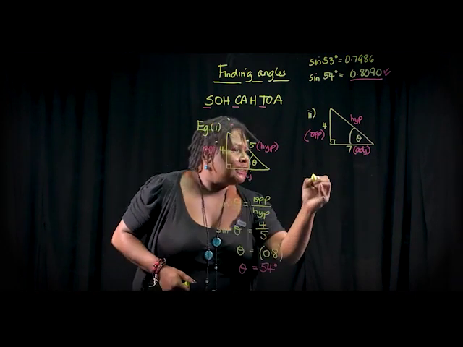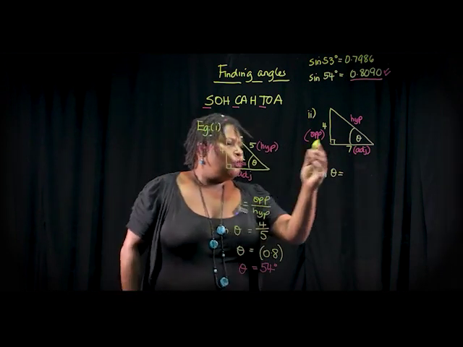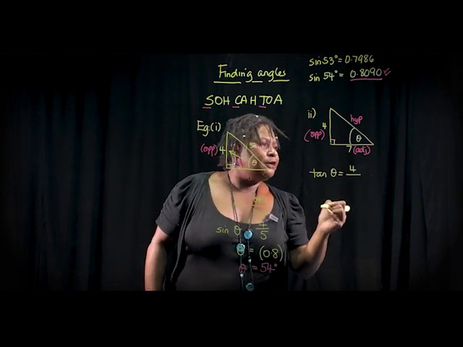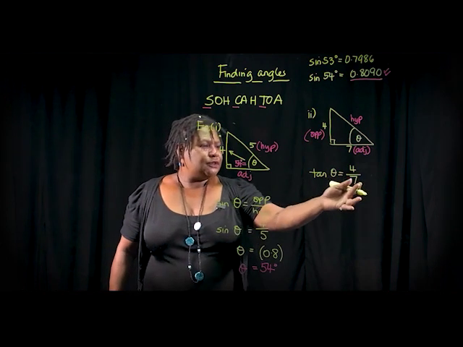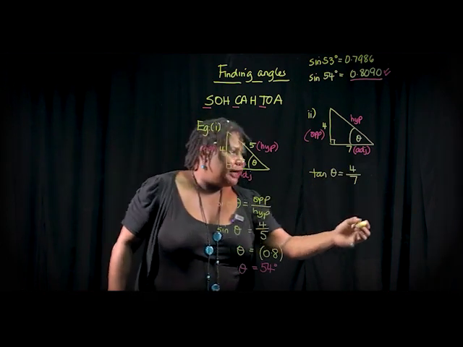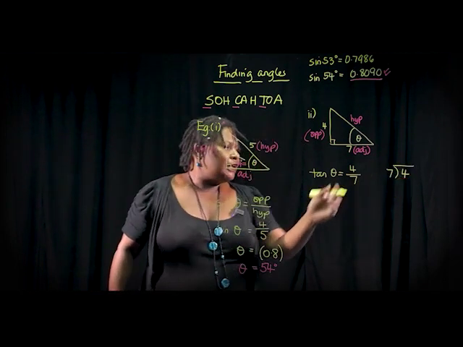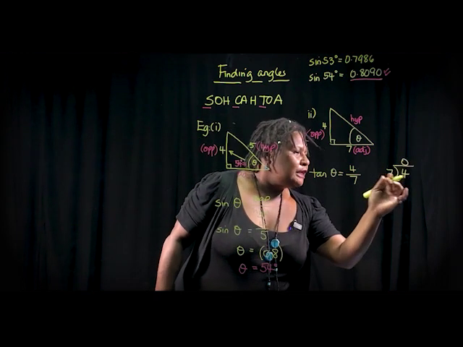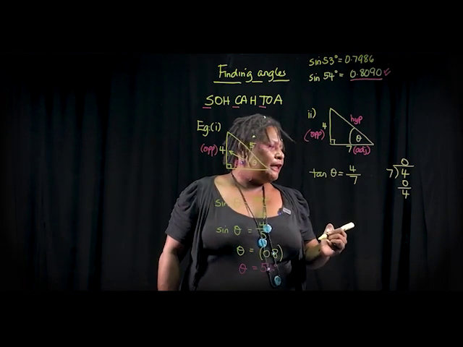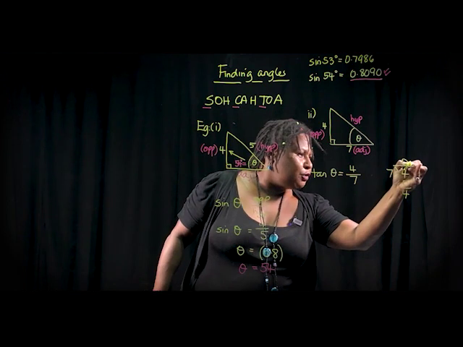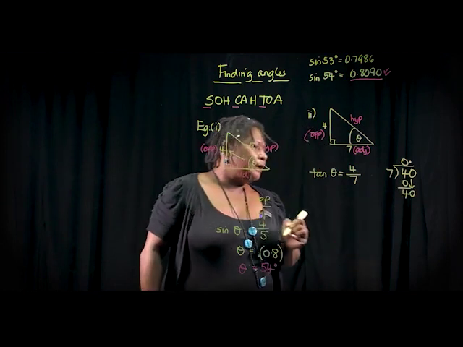Okay, so tan theta is equal to, opposite is 4 divided by adjacent, which is 7. Okay, so let's do the division here. 4 divided by 7. 4 is smaller than 7, so we will write 0 times 7 is 0. Bring down 4. Okay. 4 is still smaller, so we are going to put a decimal point here, add 0, and bring it down here. Okay.